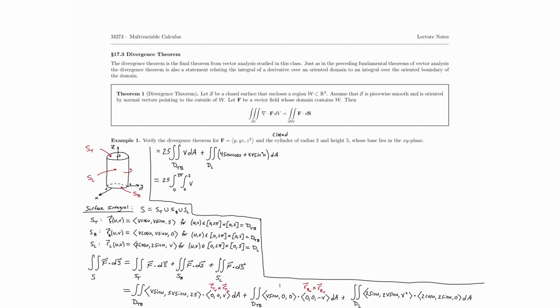So then this is v du, plus this is 0 to 2 pi, integral 0 to 5, and this is 4 sine u cosine u, plus 4v sine squared u. And remember with sine squared of u, this is equal to 1/2 (1 minus cosine of 2u).